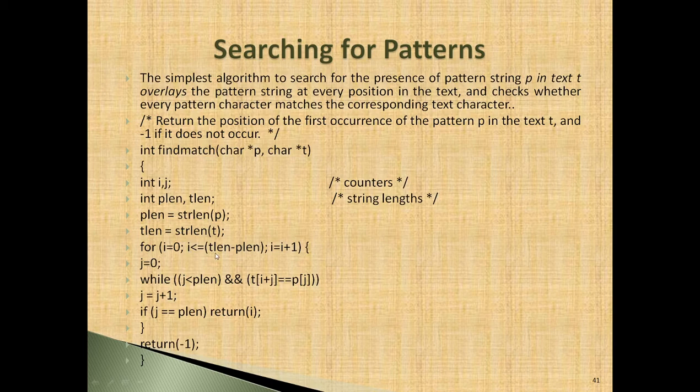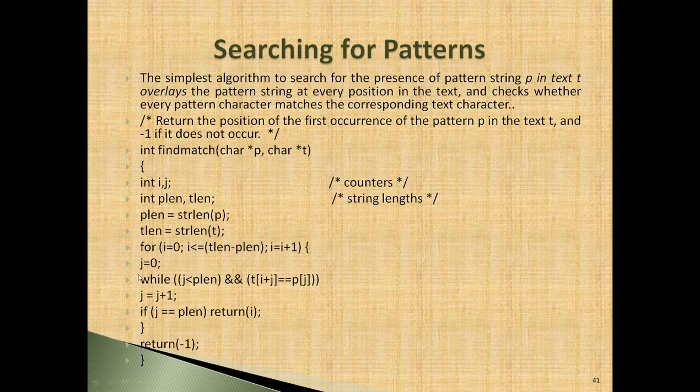Now we'll use the for loop to find the match of the pattern string P within the text T. The for loop starts with the initialization i equal to 0, where i is less than or equal to T len minus P len, and it is incremented with i equal to i plus 1.